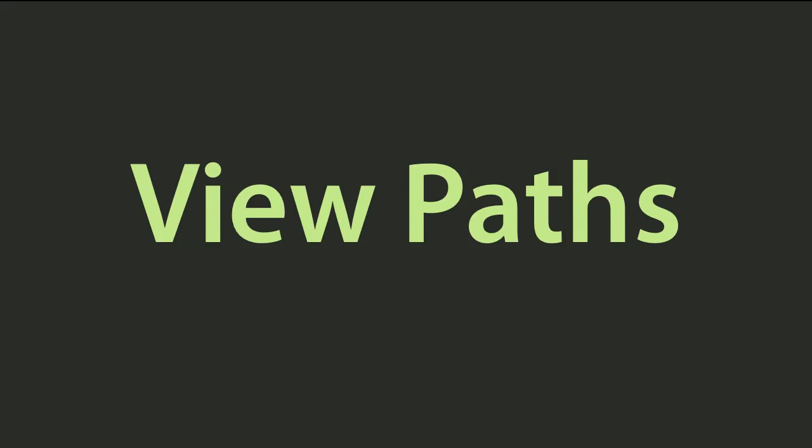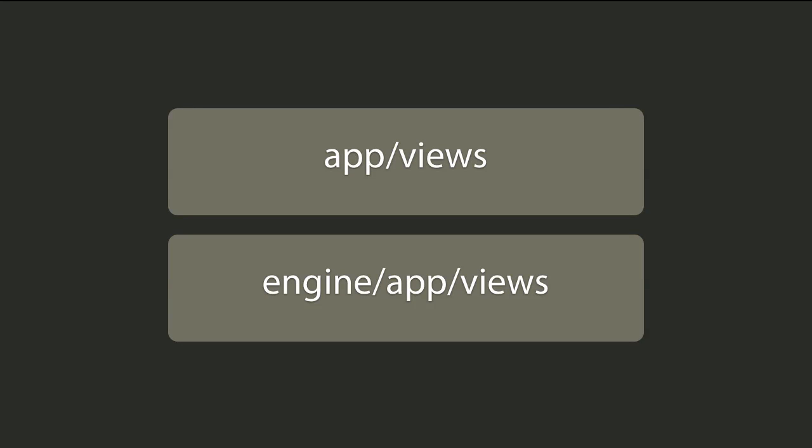The second core concept here is something called a view path. What you're normally familiar with in Rails is that your views come out of app/views, and that's the normal place where Rails looks for views. However, if you add engines to Rails, Rails simply adds those engines' app/views to the view path. And what that means, essentially, is that in addition to looking under app/views, Rails will look under engine/app/views.